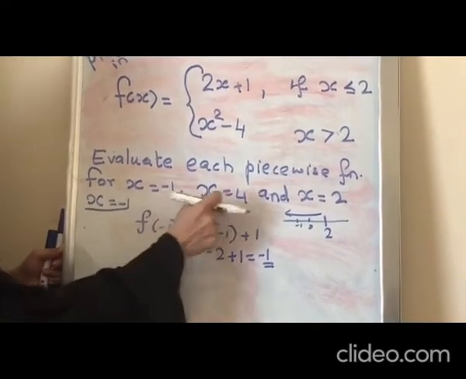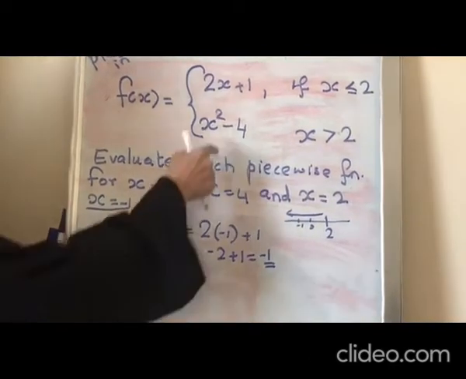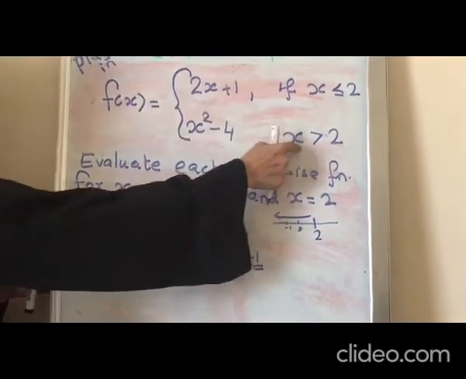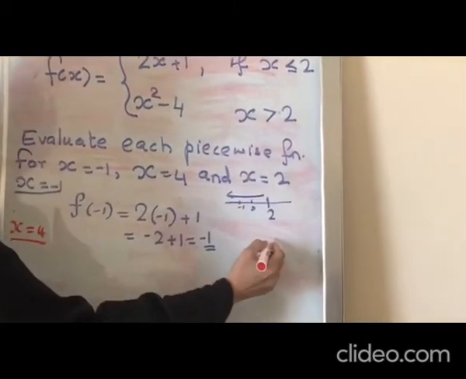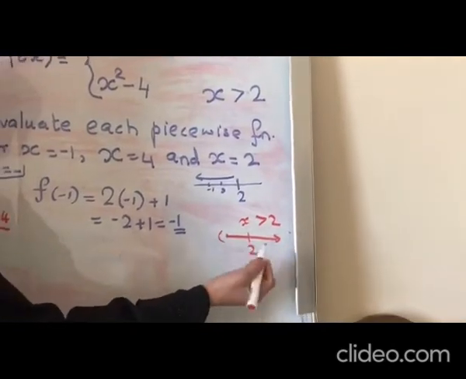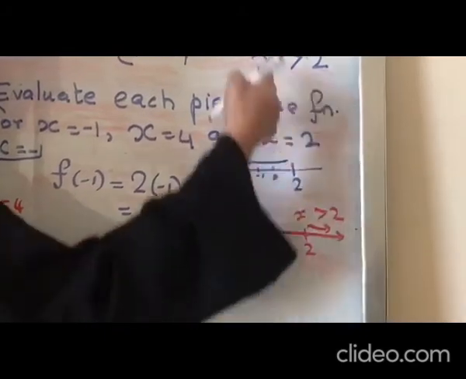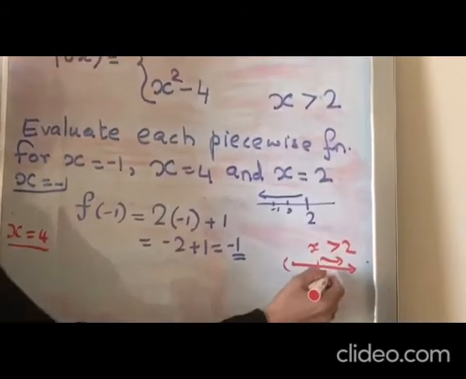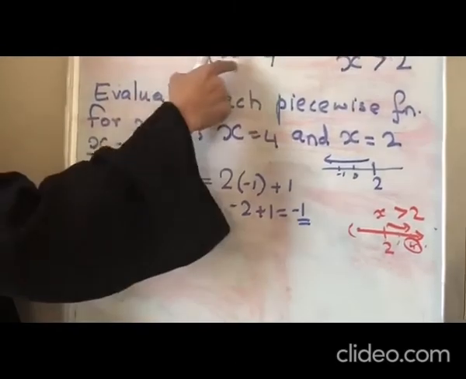Moving on to x equal to 4. Now you know, right? Which rule I would choose is where x equal to 4. Don't you think x equal to 4 would be here? Because x greater than 2, draw the number line. 2 is in here, then x greater than 2 is the whole of this, and you can find 2, 3, 4 is going to be here. So I have the rule x square minus 4.